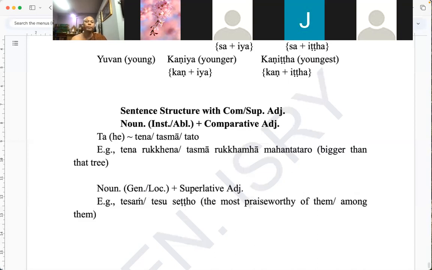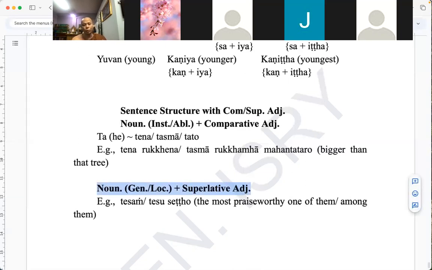So the most praiseworthy, maybe one of them in this way. One of them, or a man, the most praiseworthy one among them in this way. So here, sentence structure with the superlative adjectives. Referring to those groups of nouns will be with the genitive or locative.